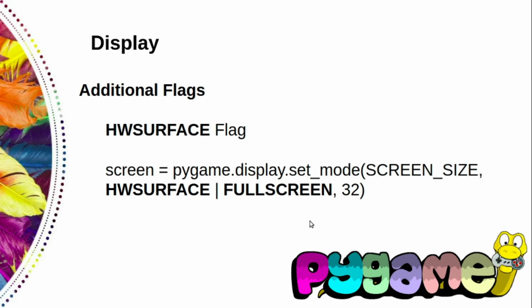Like you can pass screen size, okay, and here HWSURFACE or FULLSCREEN. Hardware surfaces can be faster than surfaces created in the system memory because they can take advantage of more features of your graphics card to speed up blitting.